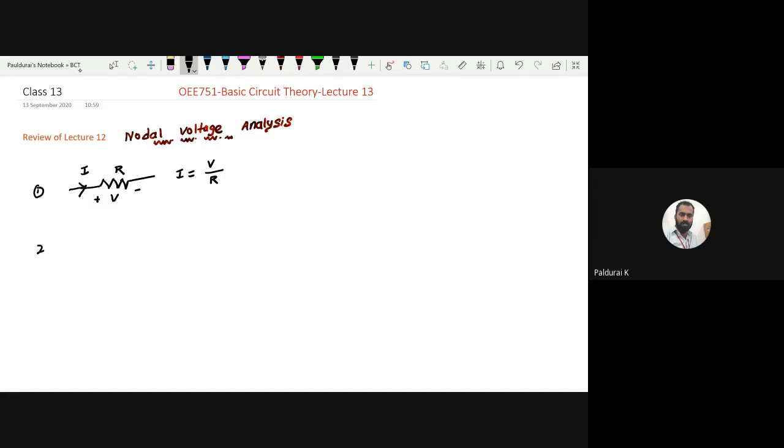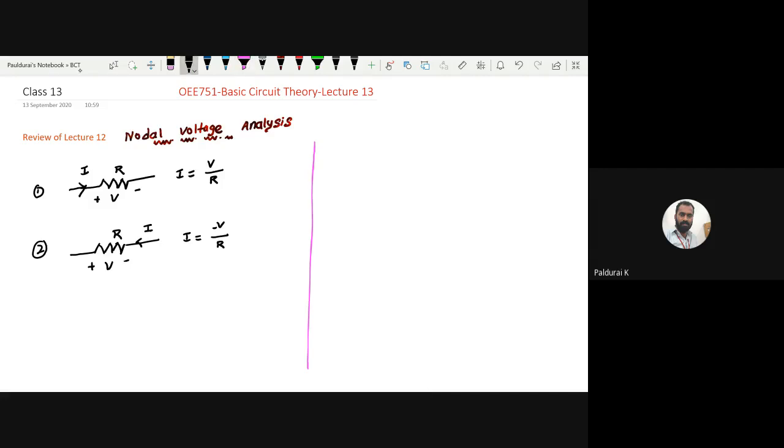And case number two: the same resistance with the same polarity, but this time the current flows from right to left. Since the current is entering at negative, it is given by minus V by R.